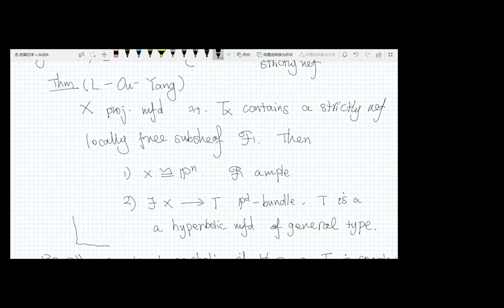In this case, it's always trivial in the Zariski topology. But I don't know how to use representation theory to construct such an example. For example, you use a representation of the fundamental group in the projective linear group to construct a projective bundle. I don't know how to use such a construction, but in principle it's possible.